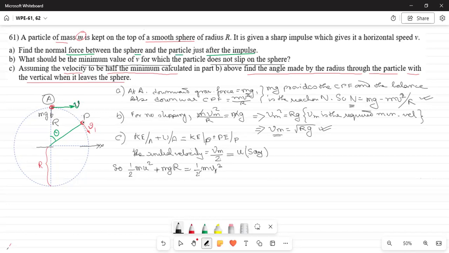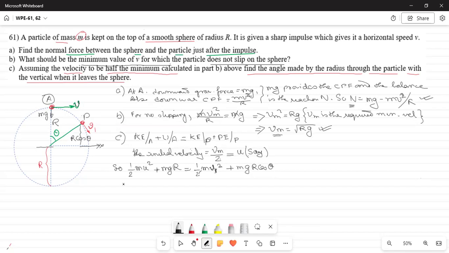Its velocity is something else. Let us say this is V1. So we write half m V1 square plus the potential energy at P, which is m g r cos theta, because this side is r cos theta, right?